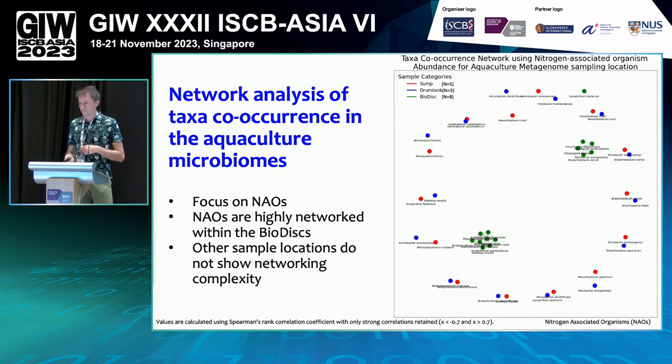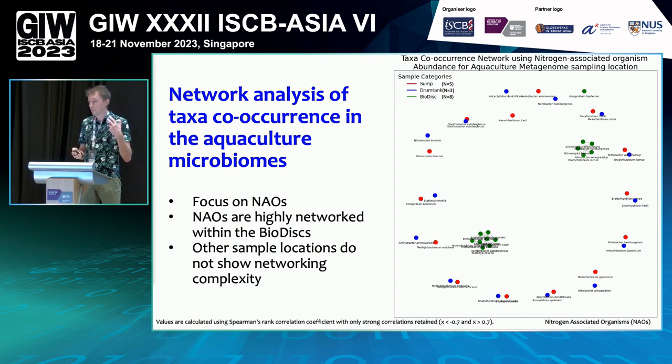Okay, and so in addition to this, we also did a network analysis of taxa co-occurrence in the aquaculture microbiome. And the key finding here is that within the other 2 sampling locations of the sump and the drum tank, there was relatively little networking involved.